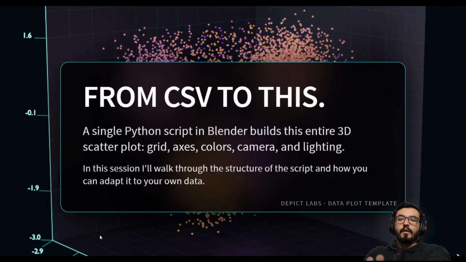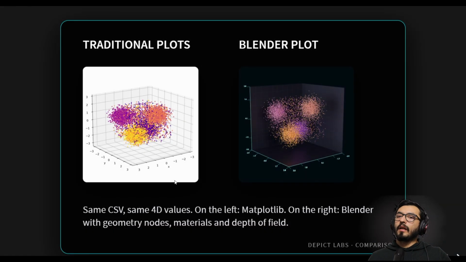So now let's take a look at how we can go from a CSV file to the nice 3D plot that we have generated in Blender just with one execution of a script. First, let's take a look at how we usually show these kinds of results in papers and presentations with Python, with Matplotlib or MATLAB.